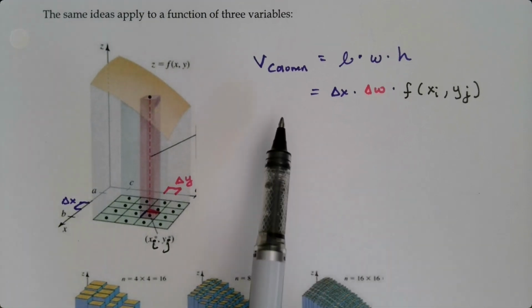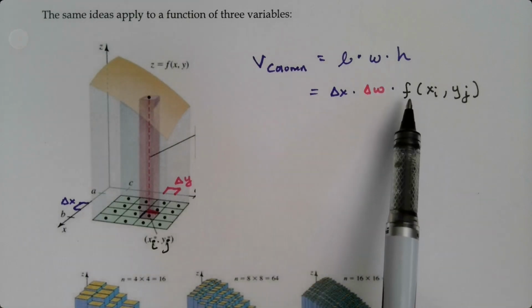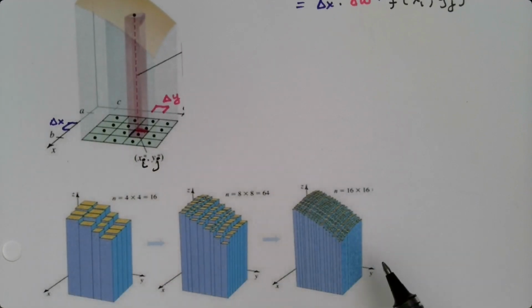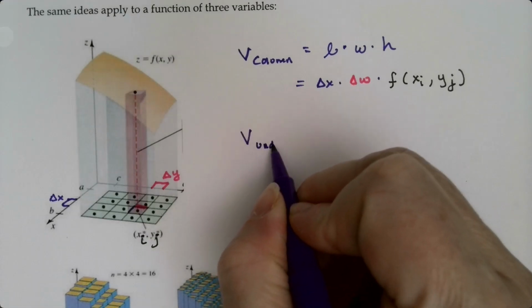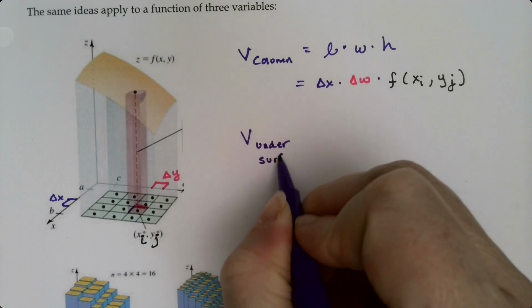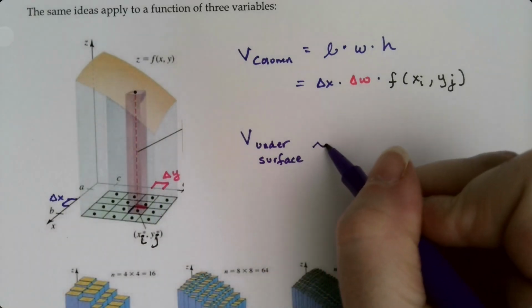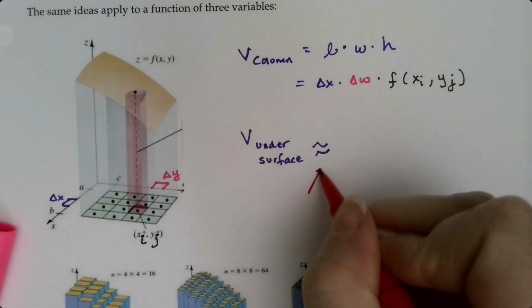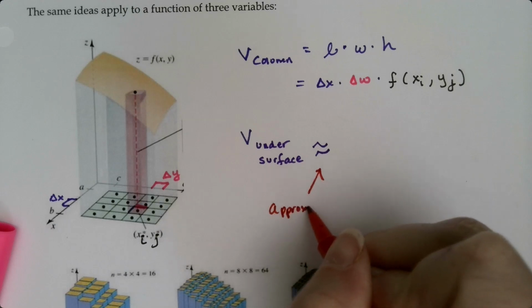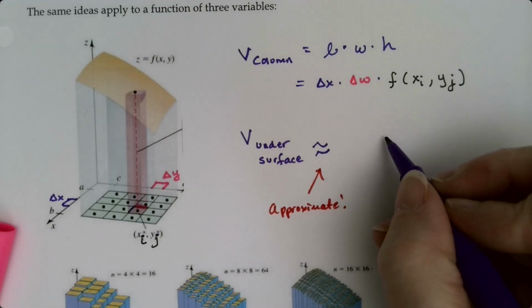All right, so just like with our two-dimensional example, we have a basic geometry understanding of one item, and then we're going to stack a whole bunch of them in there, right? Okay, so how do we do that? So the volume under the surface now, this isn't really a curve, it's a surface, a hillside, if you will. So the volume under that hillside is approximately, we're not finding exactly, and then we have to add up.